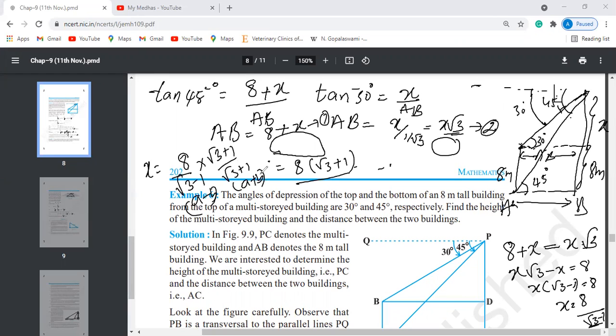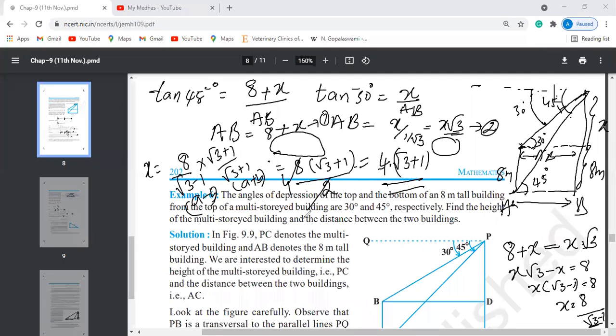So you get a square as 3 minus 1, so it is 2. So the answer is 2. So 2 fours are 8, so it is 4 into root 3 plus 1.